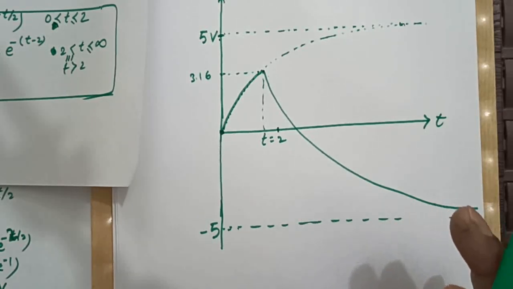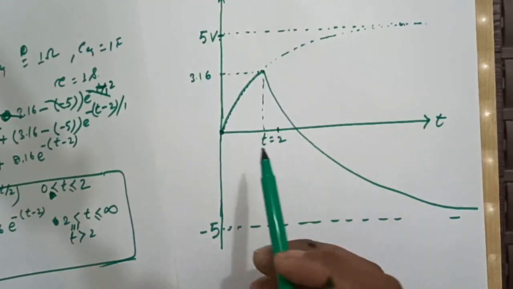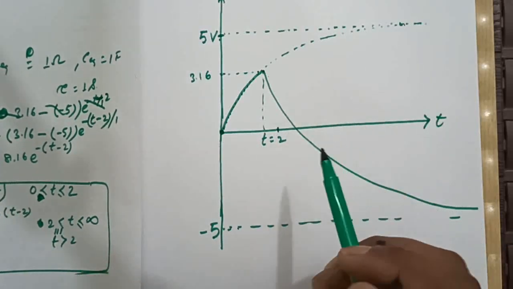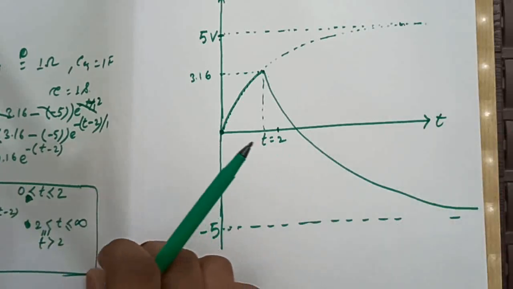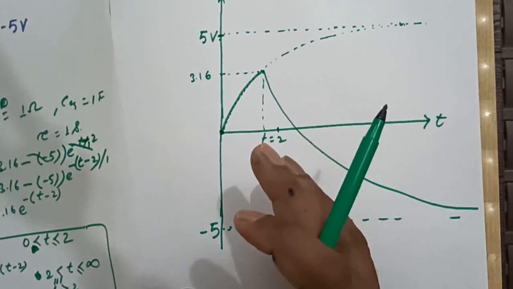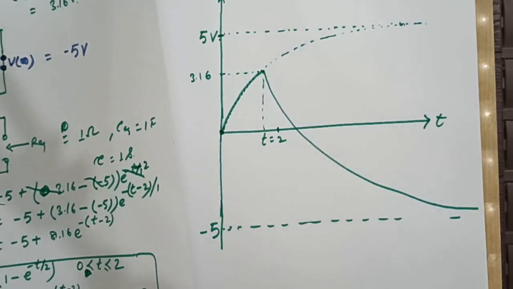So this will be the graph of this expression, means the voltage across the capacitor will follow this kind of fashion. Now see, this kind of graph or similar type of expression we will see in analog electronics when we study a multivibrator.